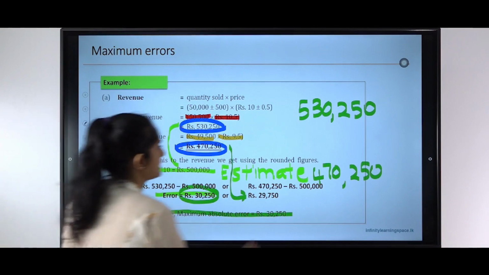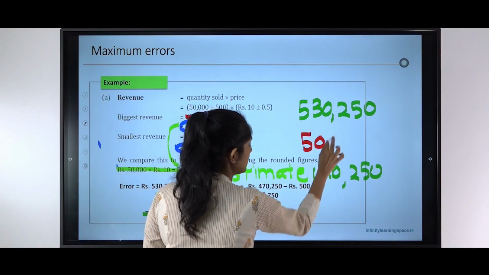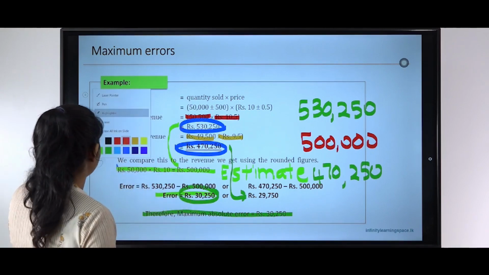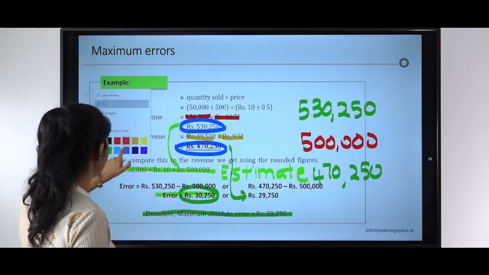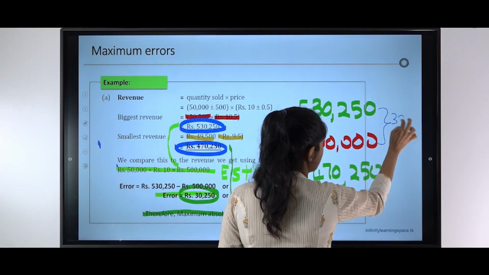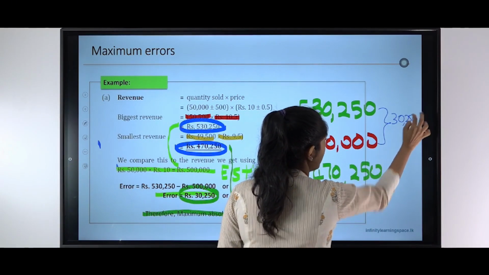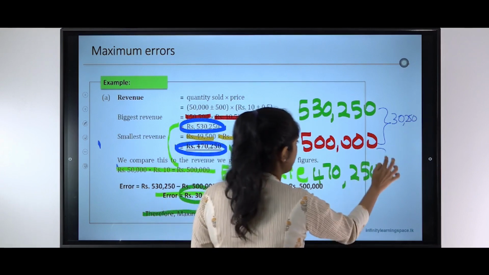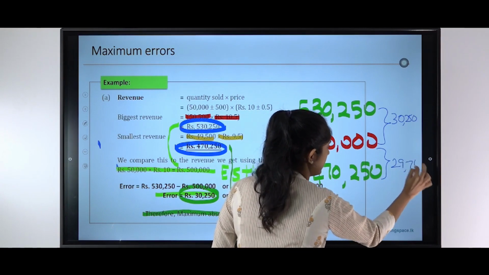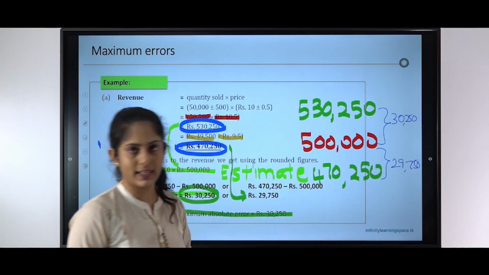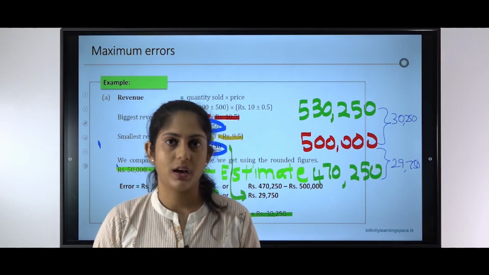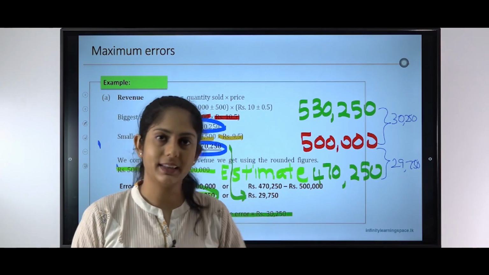Now in between is the 500,000 we estimate. So the gap between these two could maximum be 30,250, or on the lesser side 29,750. You can't have both errors because either it's high or it's low. We can't have quantity high and low, price high and low.